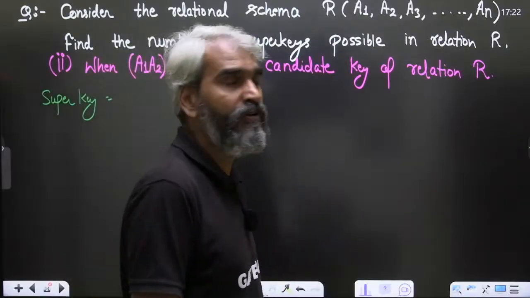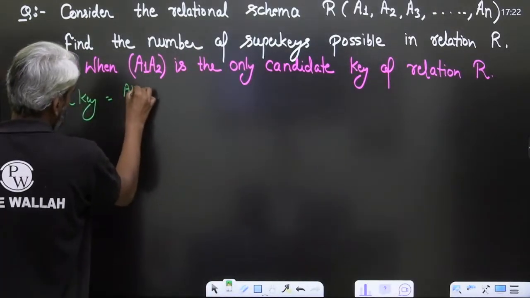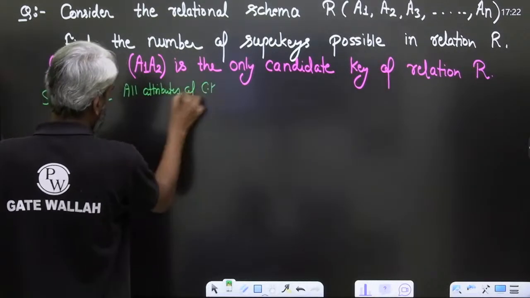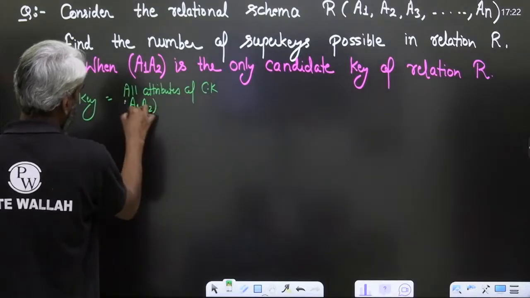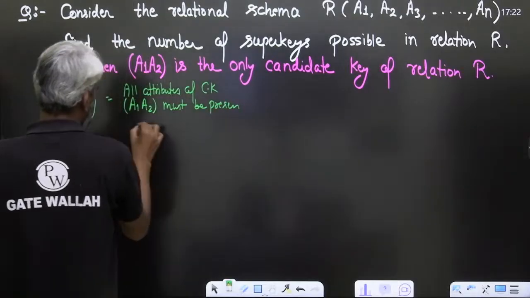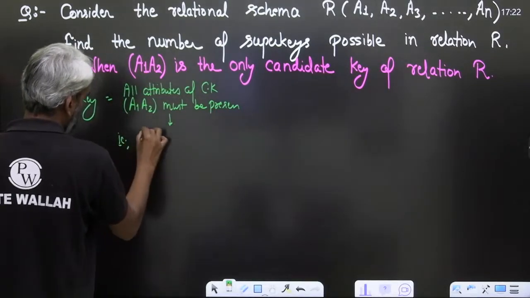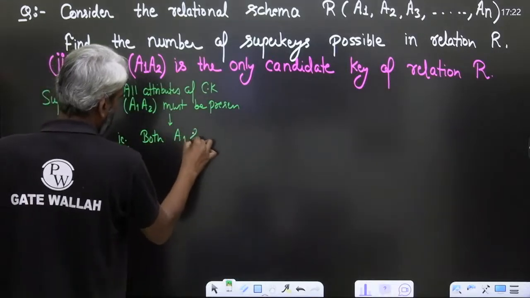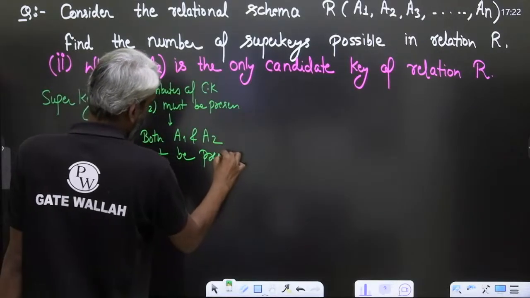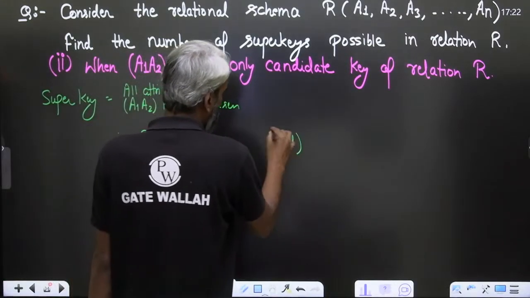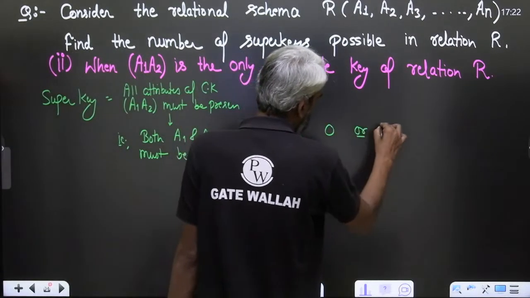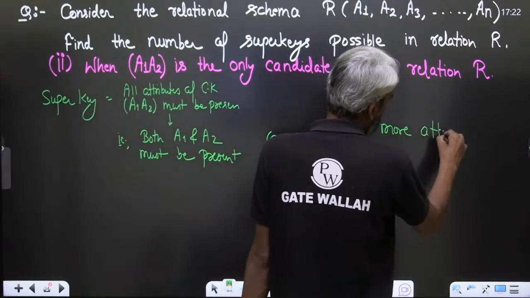So all attributes of the candidate key, A1, A2, must be present, that is, both A1 and A2 must be present, and if two attributes are gone, you are left with n minus 2 attributes, and 0 or more attributes out of the remaining n minus 2 attributes.